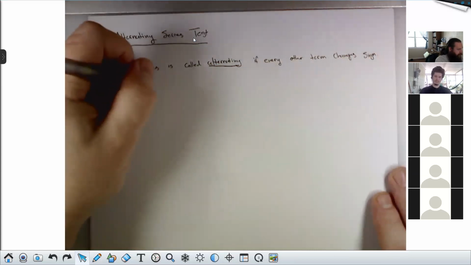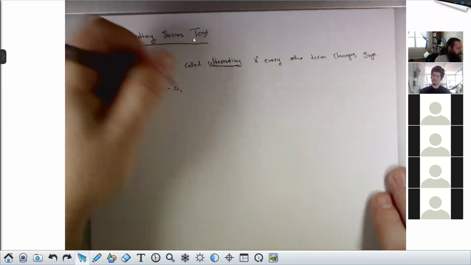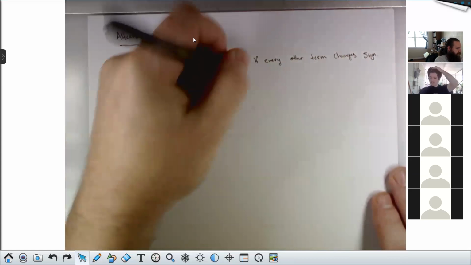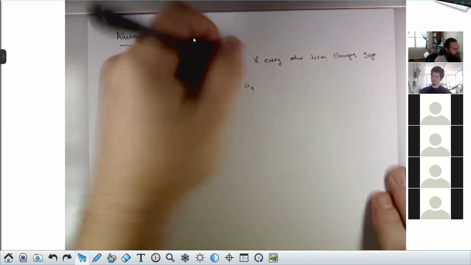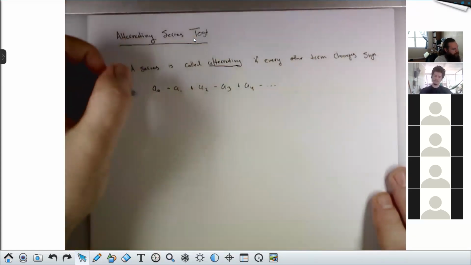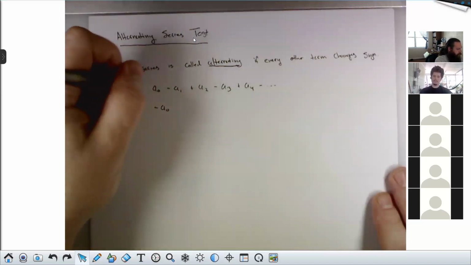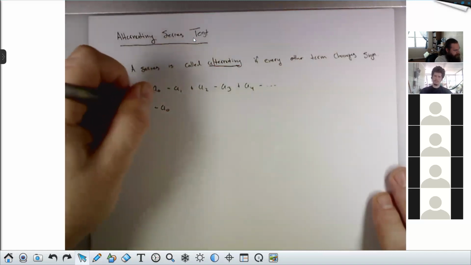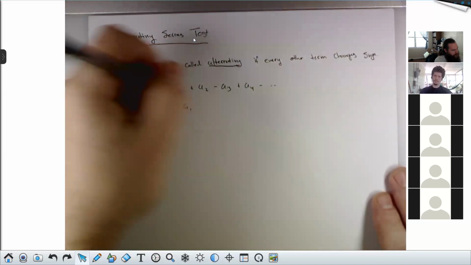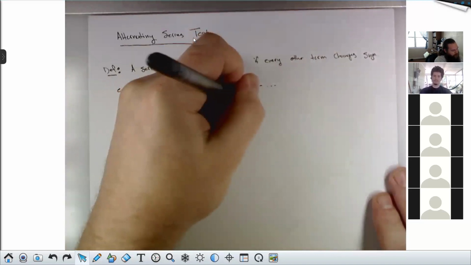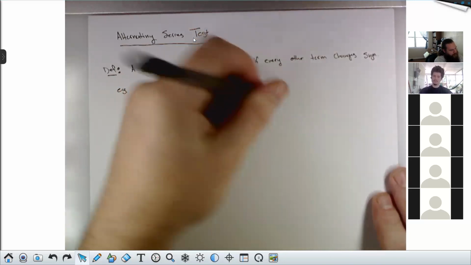So these are series that look like A0 minus A1 plus A2 minus A3 plus A4 minus, and so on. Or maybe minus A0 plus A1 minus A2 plus A3 minus A4, and so on.